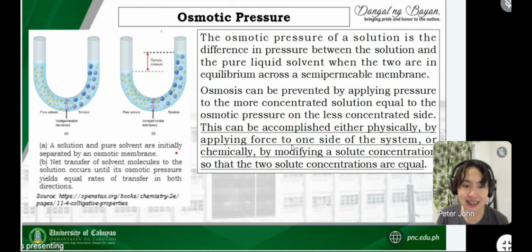Normally class, kung wala tong semi-permeable membrane na naghihiwalay from the two, the tendency is continuously lang na papass through. But from this paragraph, we can say that we can stop the movement of the water. Ibig sabihin, all we need to do is to add pressure from a more concentrated areas.